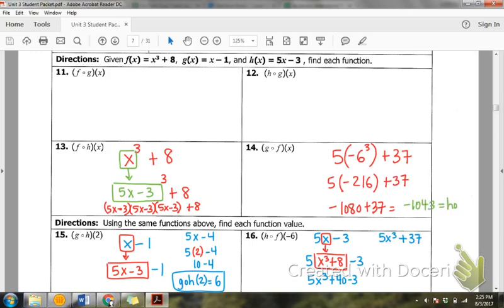That equals h of f of negative 6. Okay, check your work with mine. See what questions you have. Any questions on number 16?